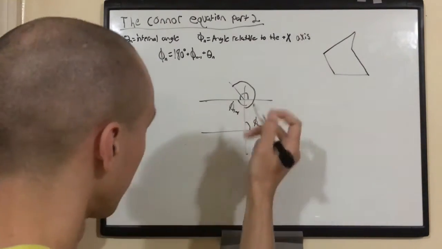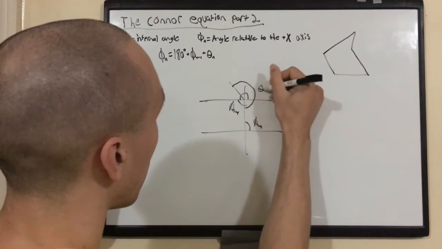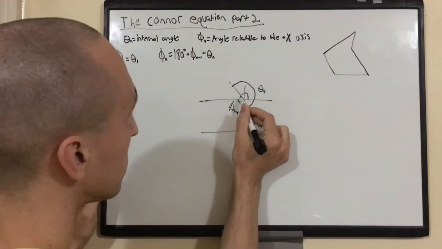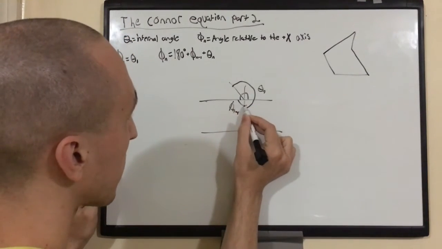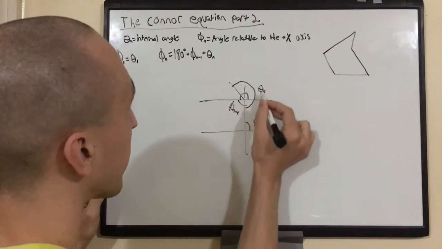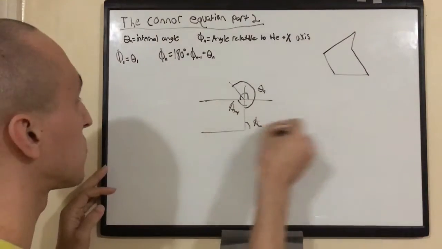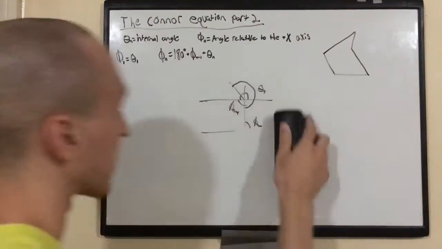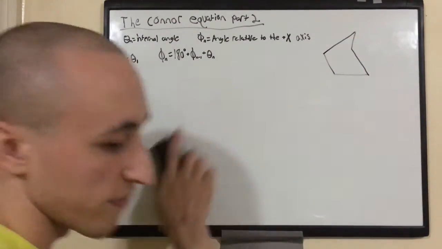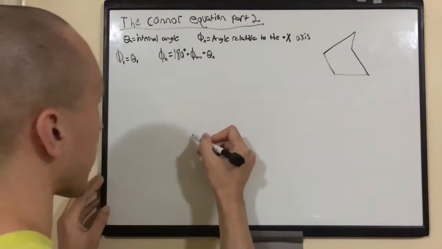So theta n always connects the sides. So 180 degrees, then opposite interior is phi n minus 1, and then theta n, the interior angle connecting the two sides. That's for 90 degrees. Very simple.